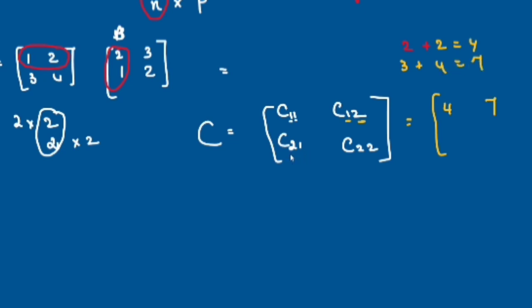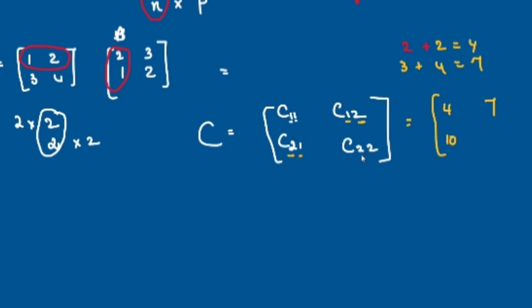C21 means second row, first column. The first index is always the row. Second row of the first matrix is 3, 4, and the first column. So 3 into 2, 6, plus 4 into 1, 4. So 6 plus 4, that is 10.